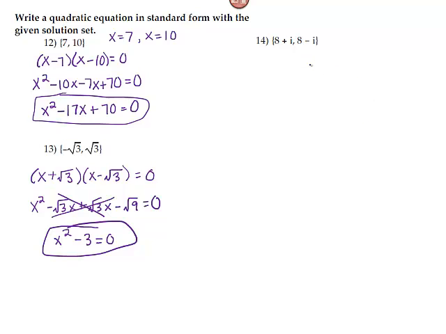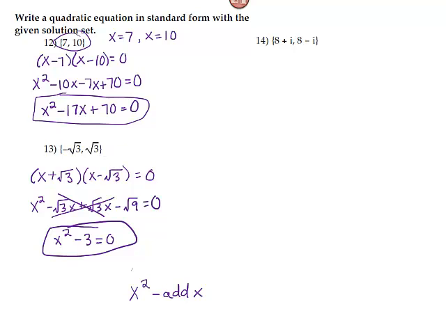Now, when we were doing this, there is actually a pattern that happens. If you just start with whatever your solution set was, like if we started with 7 and 10, the middle number is minus what those two are added together, times x. See, 7 plus 10 is 17. We got negative 17. So we have to change the sign of whatever we get when we add these together.